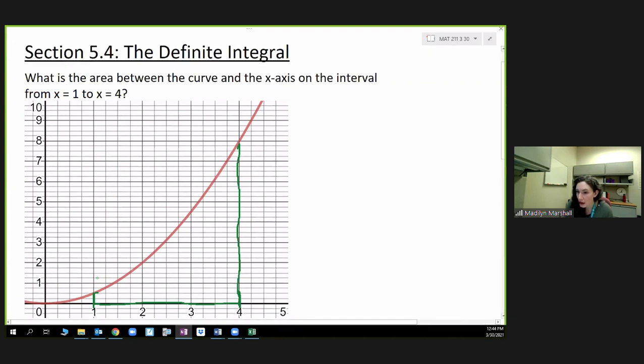So maybe I'm just going to divide this area up into 3 sections, and I'm just going to draw some rectangles that look like roughly the same height as the area under this curve.